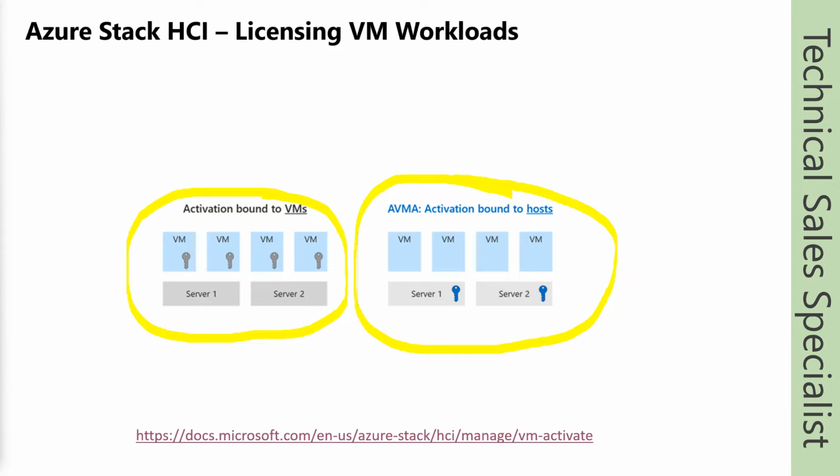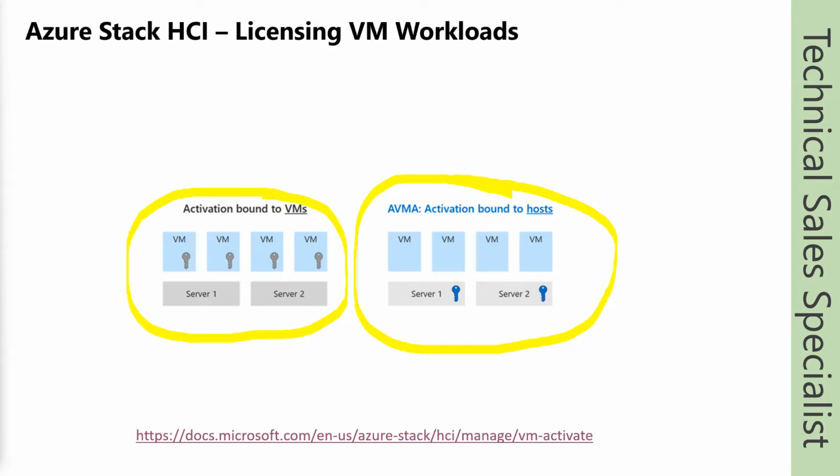The automatic virtual machine activation is bound to the hosts. This means if a virtual machine moves to another host, you have to ensure that there's also a key provided for automatic virtual machine activation, or the virtual machine will show a message that it's not licensed accordingly.